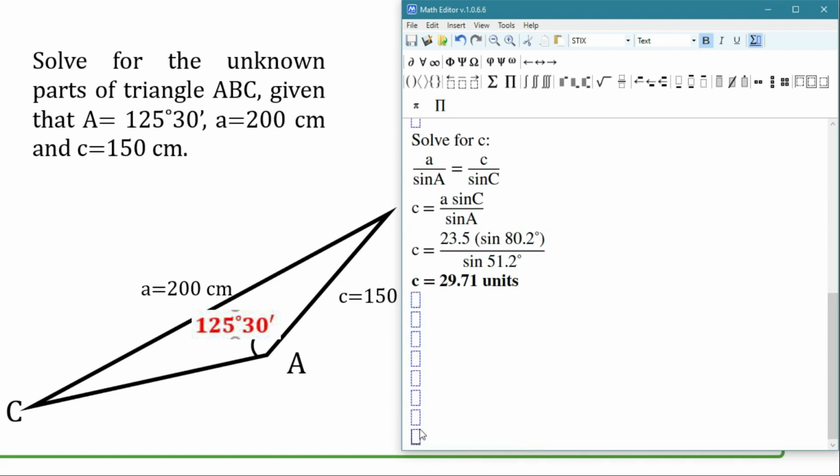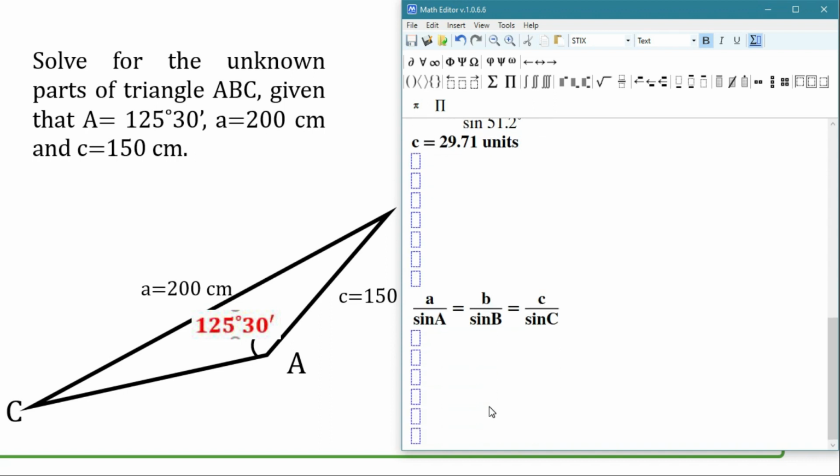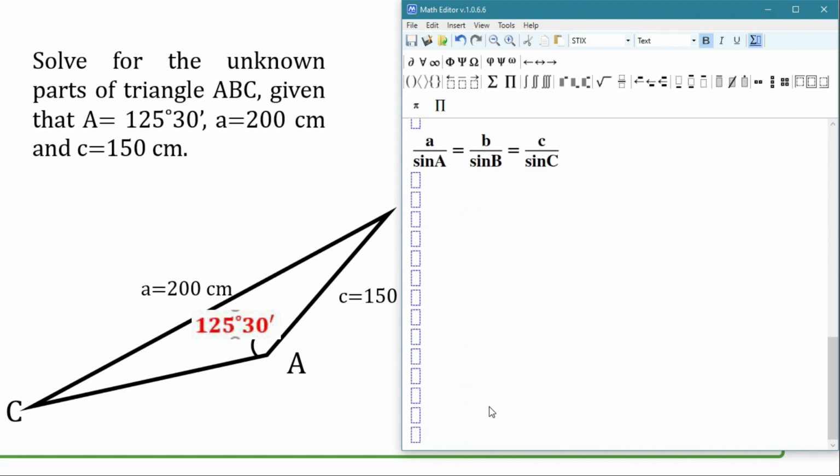So, we will now be proceeding with problem number 2. Our given again is angle A, and then we have side a and side c.